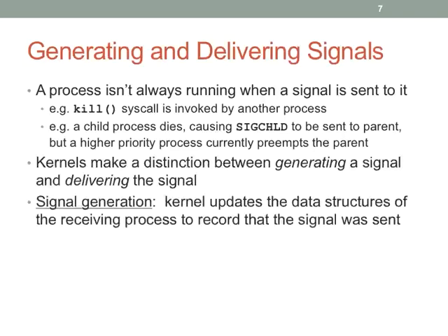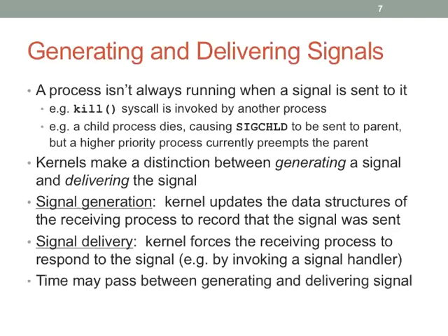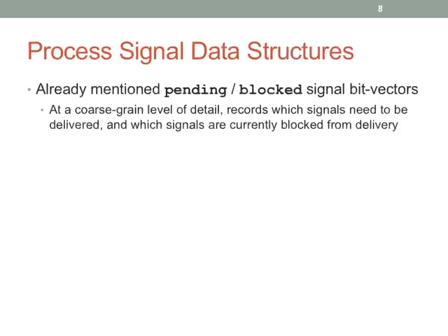Generation is basically about updating the data structures of that process to say there is now a signal that's going to be delivered to that process. And delivery is about the kernel making sure that that signal is actually delivered to the process, perhaps by running a user mode signal handler, maybe by terminating the process or suspending it or whatever the signal's response requires. And there may be a lot of time between those two steps.